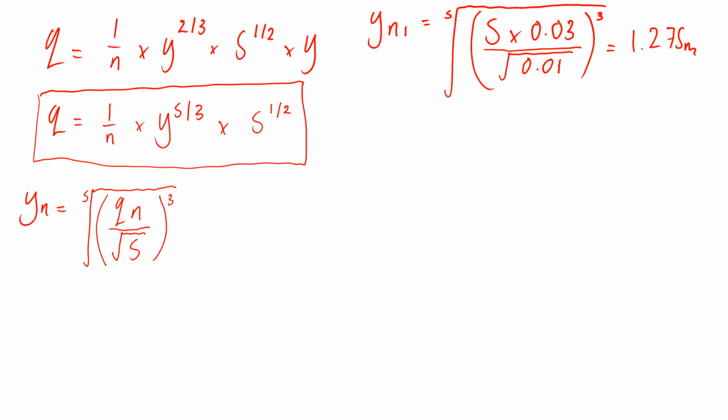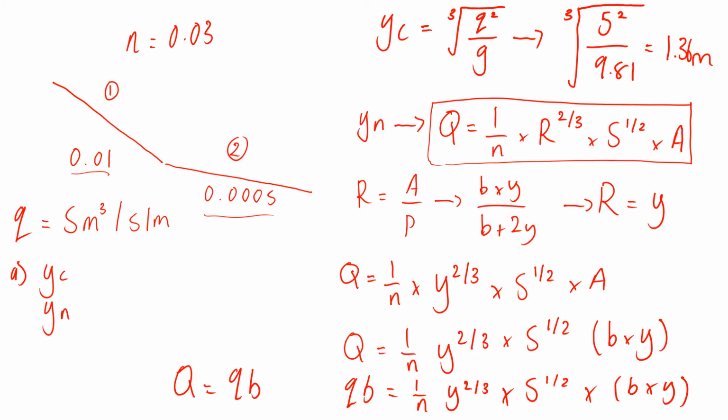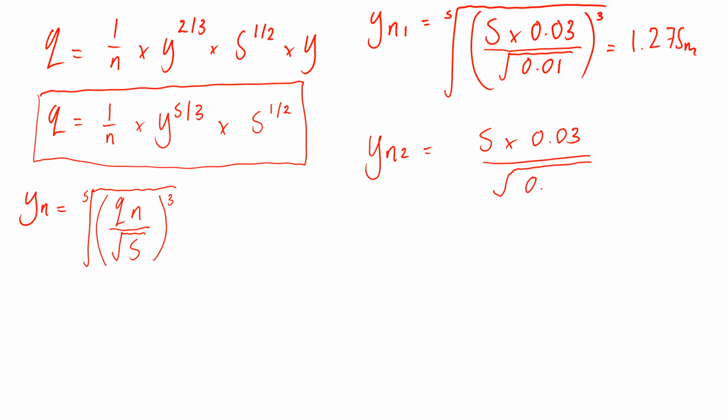Now you do the same with yn2, and you get 5 times 0.03, but this time the slope you use is for reach 2, 0.0005, that's all to the power of 3 over 5, and the answer you get is 3.133 meters. So now you've calculated yc and yn.